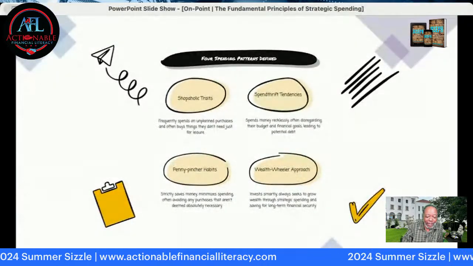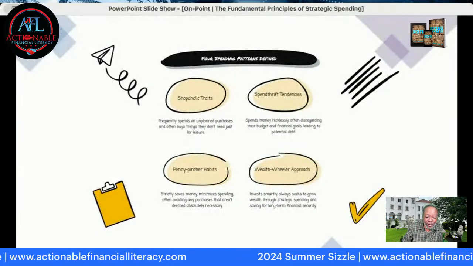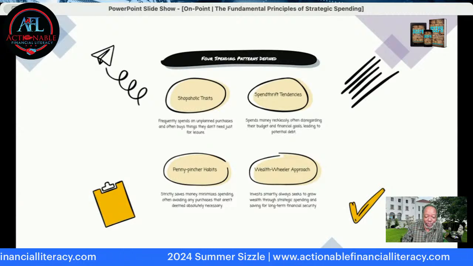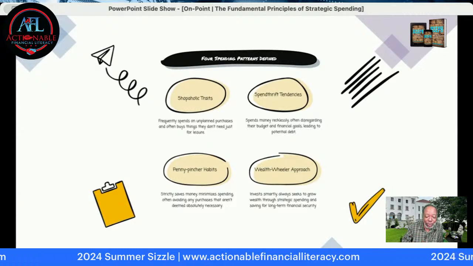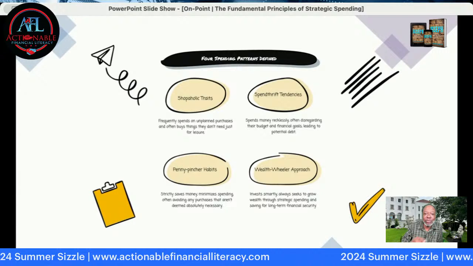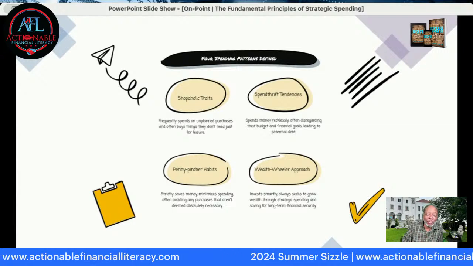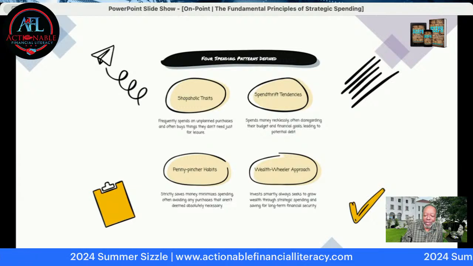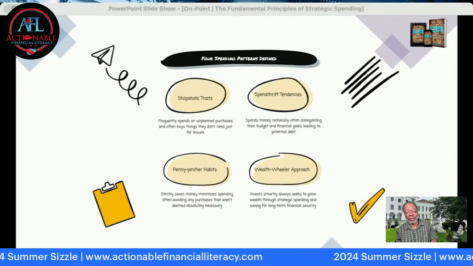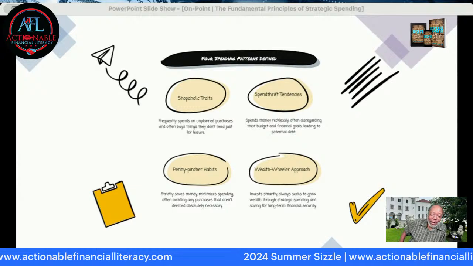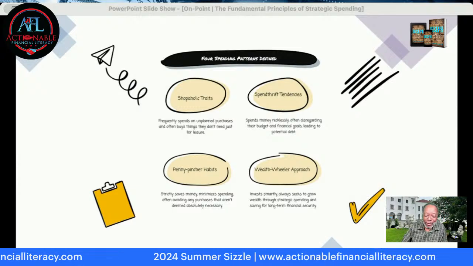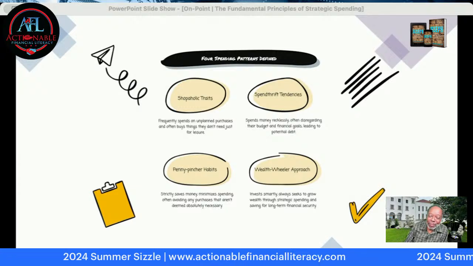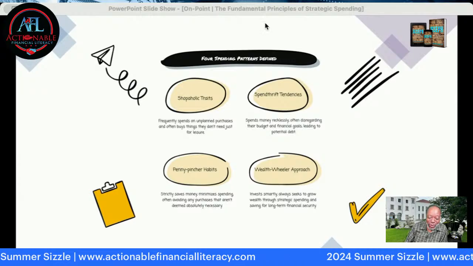You can identify it. See if you're a spenderaholic, a spendthrift, a penny pincher, or have a wealth-building approach to your spending. Identify the type of spender you are, and it lets you know how you'll be as a spender. So identify how you are, and then adjust as you go along.